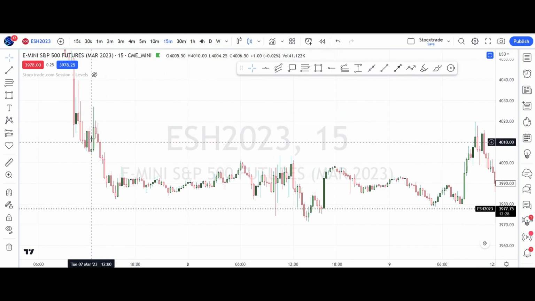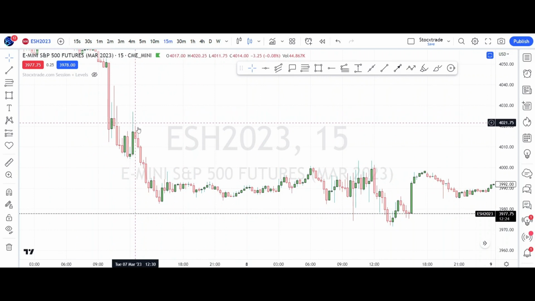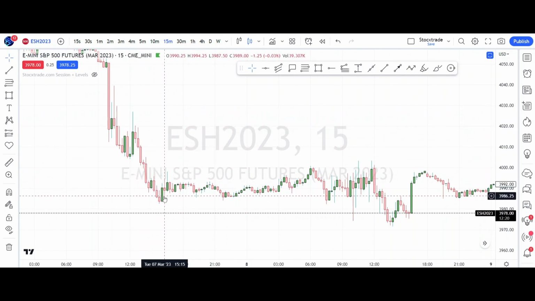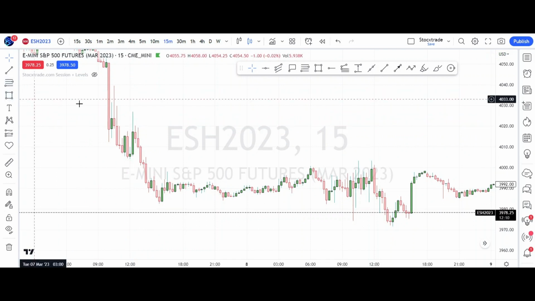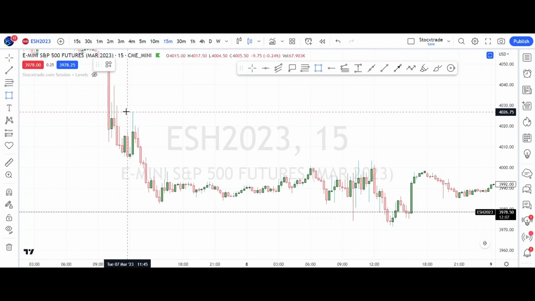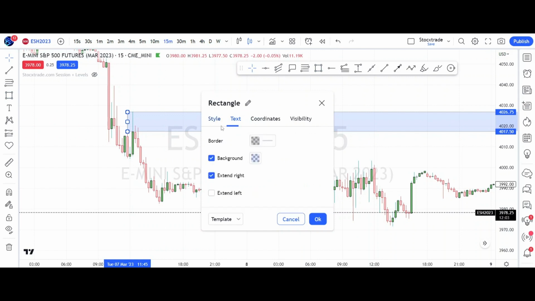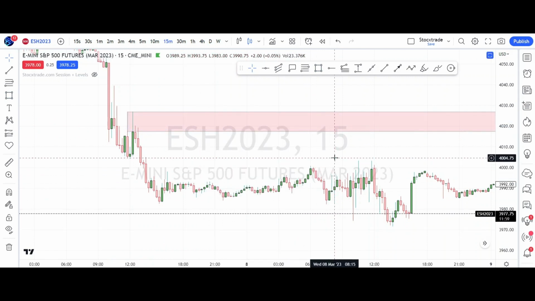This is the bullish green candle, but the buyers didn't hold the position and the sellers got themselves in, and the price moved towards the downside, a bearish move. So you can just mark this liquidity area and see if you will find some rejection from here, and I can mark it with the red color for the sell.